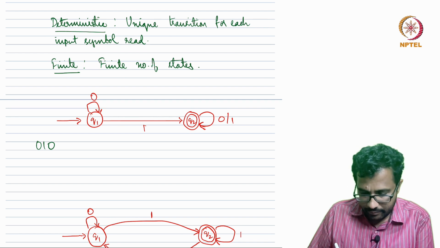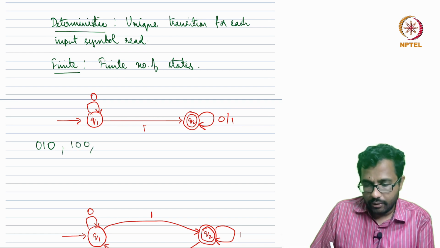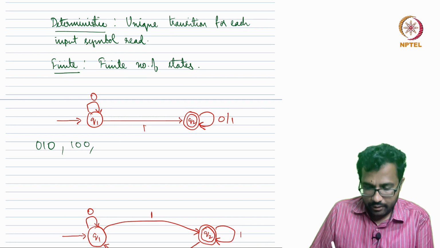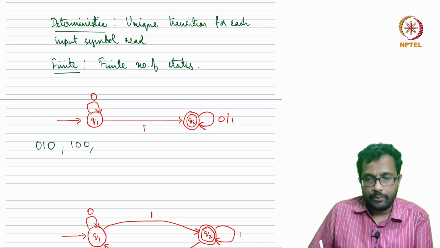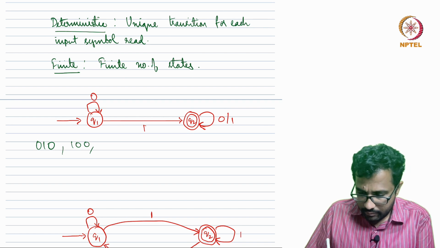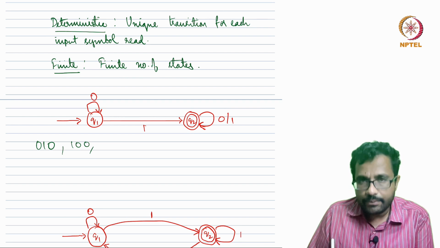So this is accepted. As I said earlier, 1, 0, 0 is accepted because from Q1 you immediately go to Q2. Q1 is the starting state because it has the arrow on the left side. So any string that has a 1 seems to be accepted.